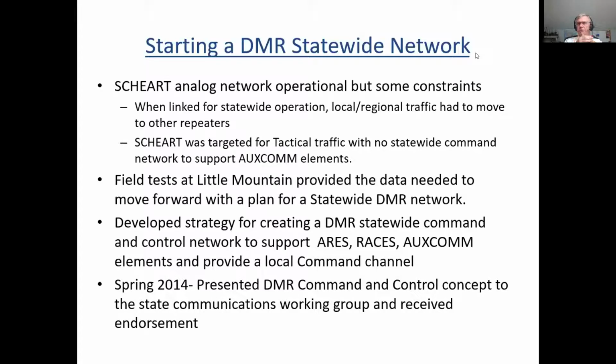We were wanting it for tactical traffic, but what about command traffic? So we proposed putting in another network, a DMR network, to support a command channel. Not only can ARES, RACES, and Comm folks have a command channel statewide, they can still have a local command channel on the local side, and we won't interfere with each other. We only have to buy one repeater and one set of antennas.